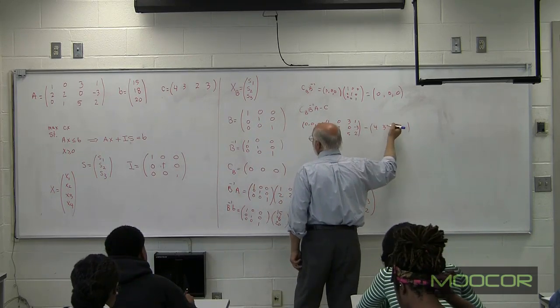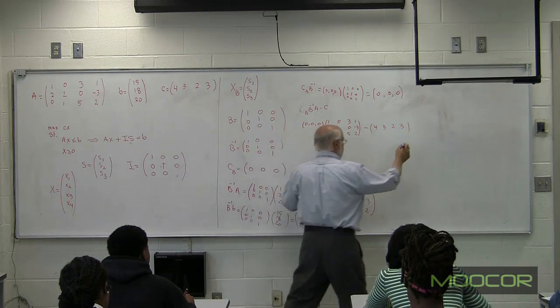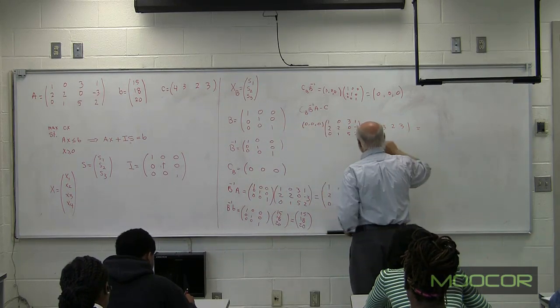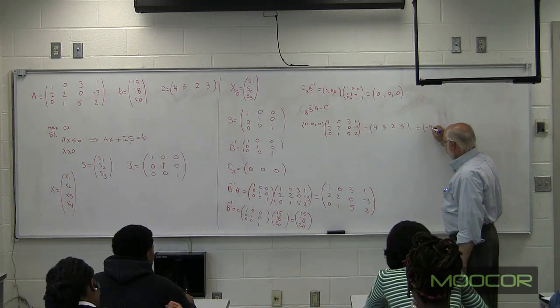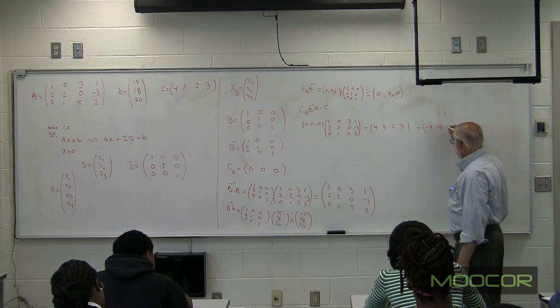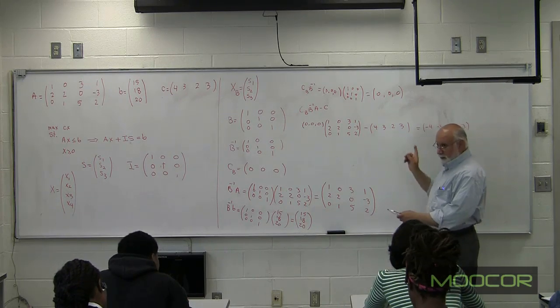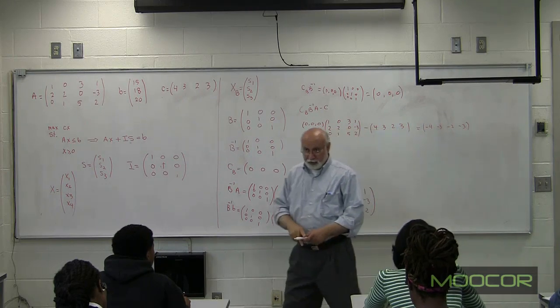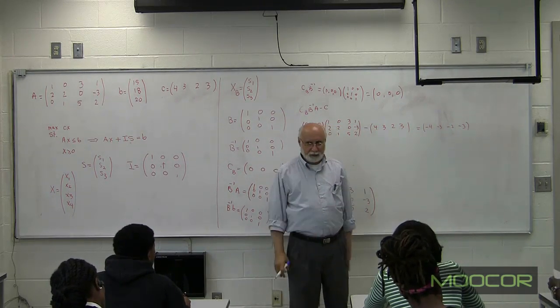4, 3, 2, and 3. The result is going to be -4, -3, -2, -3. You need to write them like this. You cannot leave them like minus parentheses numbers.